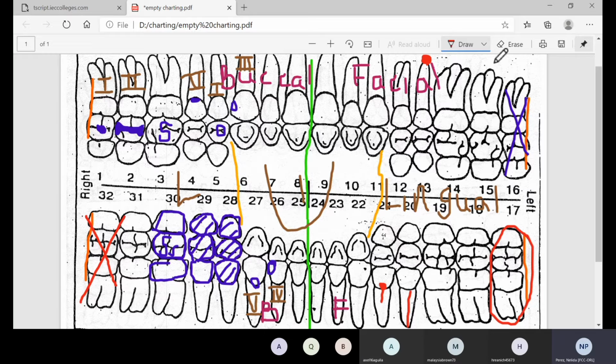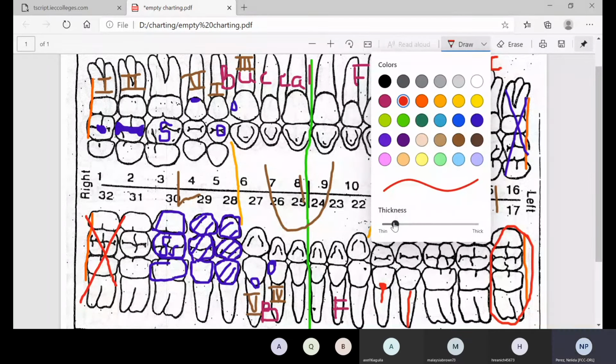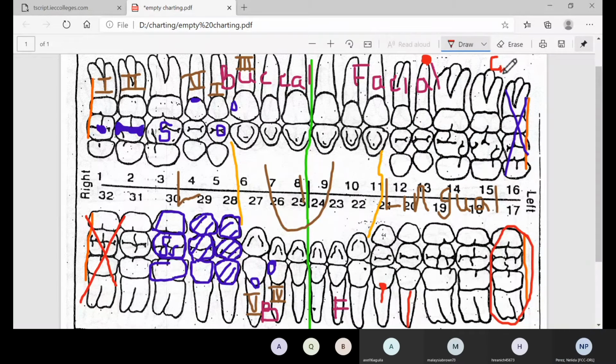So there is, oh boy, this one is going to be tough. It looks something like this. Okay. What does that look like? The tooth is rotated to what area of the mouth?